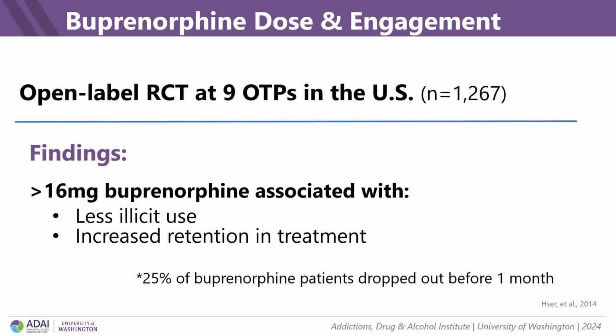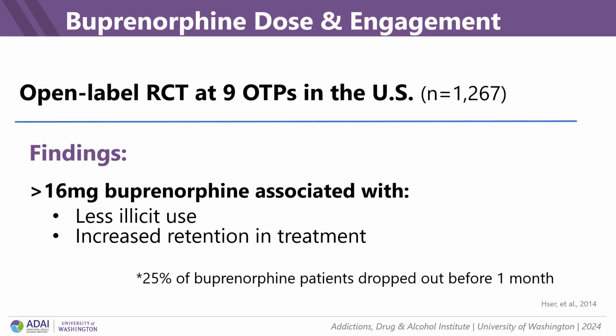Next, this is a secondary analysis that looked at opioid-dependent individuals participating in opioid treatment programs between the years 2006 and 2009. The participants were randomized to receive either buprenorphine or methadone for 24 weeks. In the buprenorphine arm, the researchers found that buprenorphine doses above 16 milligrams a day resulted in less illicit use and greater retention in treatment.